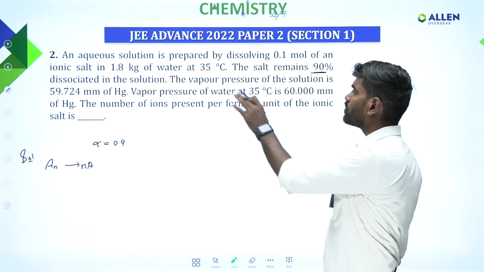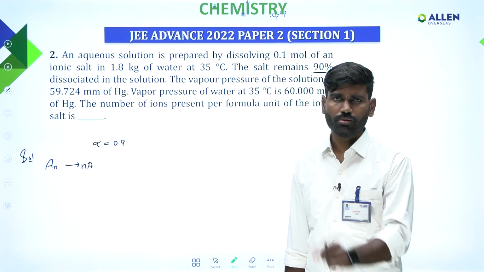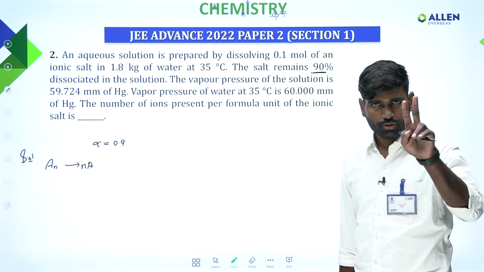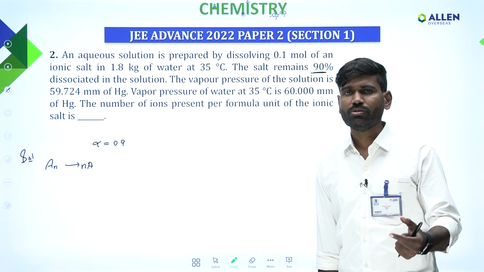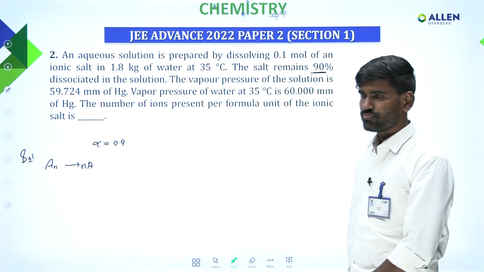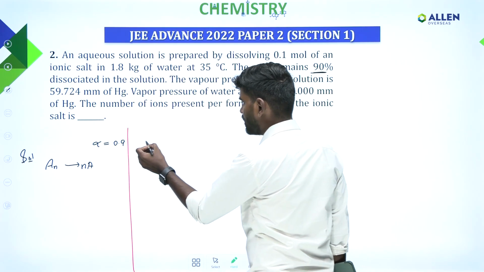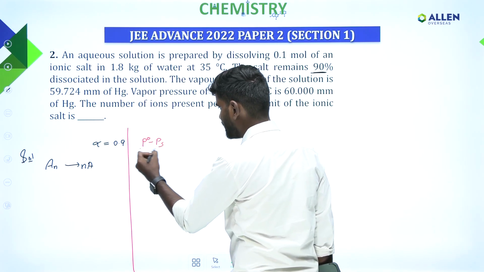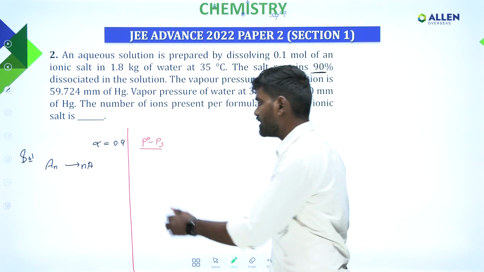Now further, I need to write the value of relative lowering in vapor pressure, but there is a little problem in that. We use two expressions for lowering in vapor pressure. For RLVP, we write relative lowering in vapor pressure is equal to mole fraction of solute. And there is one more formula: P naught minus PS, that is pure vapor pressure minus vapor pressure of the solution, divided by PS.